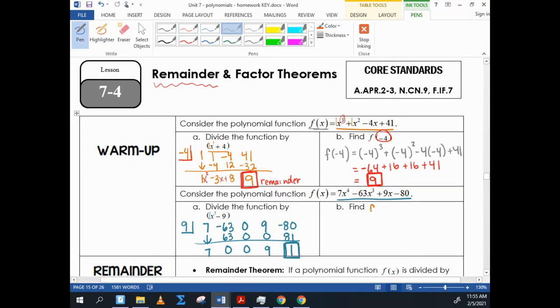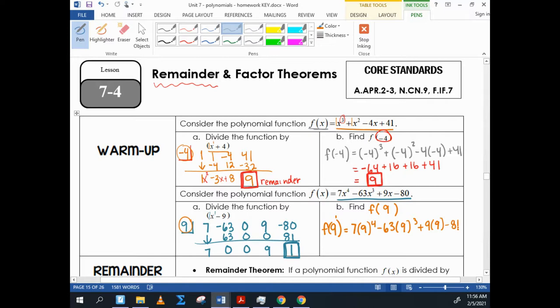All right, now we're going to find the value. Remember up here, we evaluated this function at what was in our half box right here. So we're going to evaluate this function at 9, which is in our half box right up there. So f of 9 is equal to, every time that there's an x, we're going to plug in a 9. 7 times 9 to the fourth minus 63 times 9 to the third plus 9 times 9 minus 80.